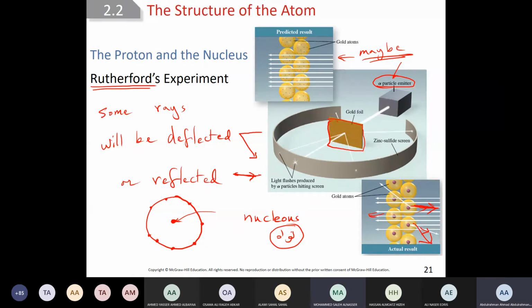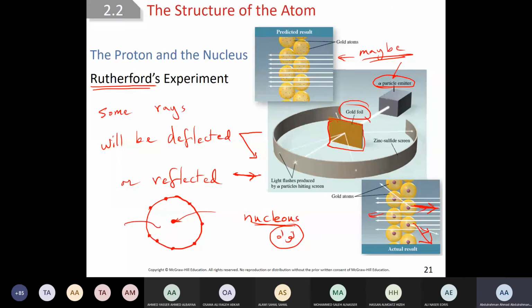Rutherford. What's the name of the experiment? Gold foil experiment. What did he discover? That the atom has a nucleus and the electrons around.